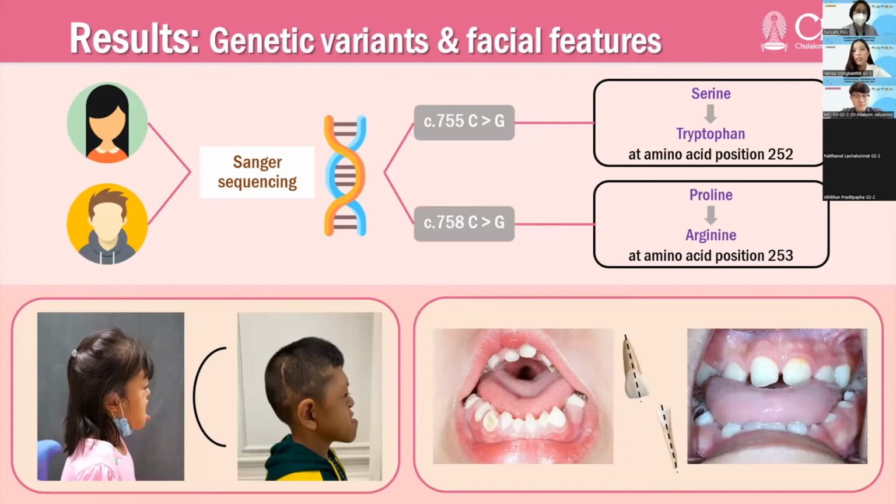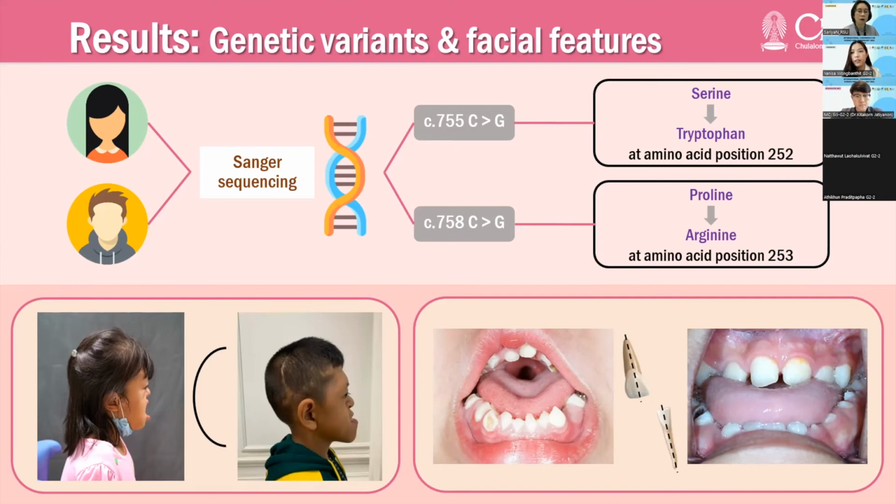The position of the amino acid that changes can affect the phenotype that happens, including the maxilla position, the position and proclination of the upper incisor and lower incisor, and also the position of the head and cranio-facial aspect.